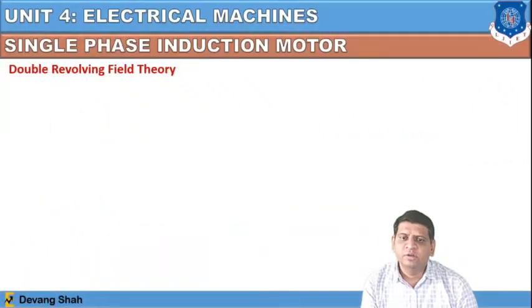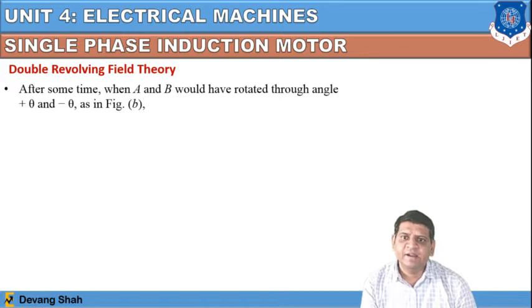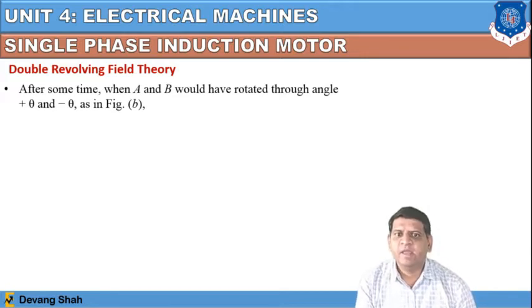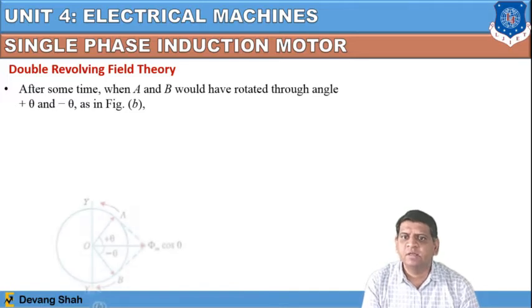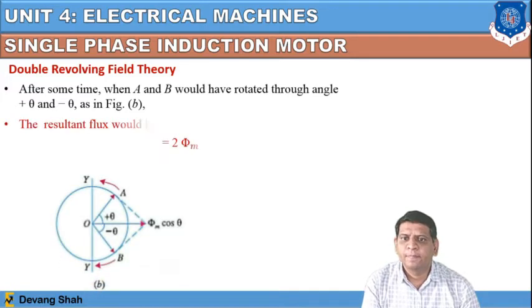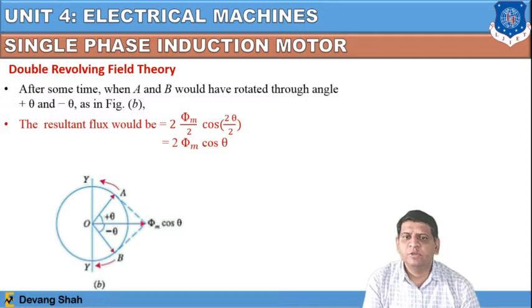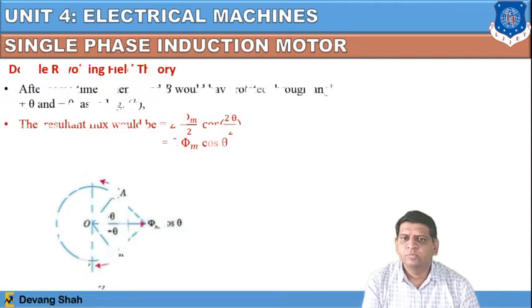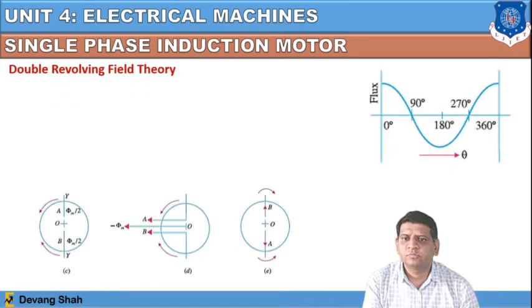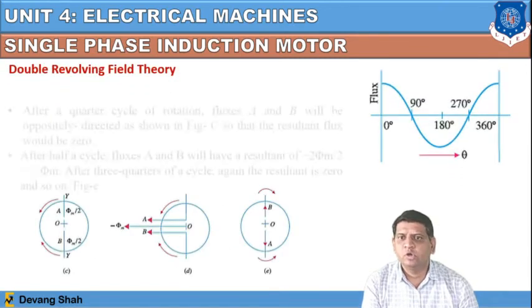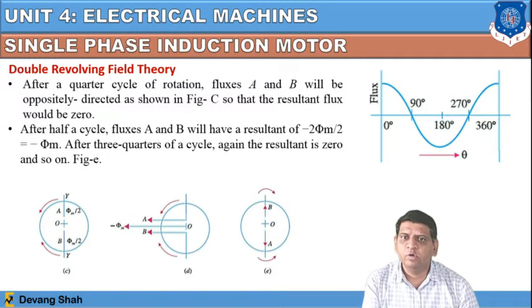From this you can easily say that after some time, when A and B have rotated through angles plus theta and minus theta, the resultant flux would be 2 into phi m divided by 2 into cos 2 theta divided by 2. So the resultant flux will be phi m into cos theta. Because of this we can produce the initial torque using this double revolving field theory.